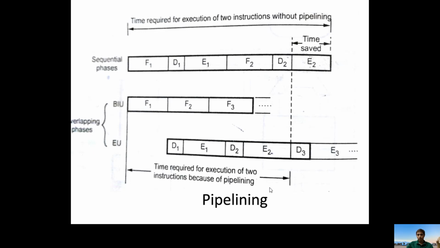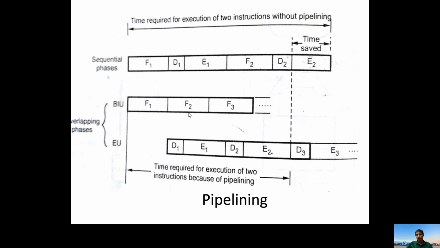Now let us see with pipelining. Now this example is for 8086. In 8086 we have 2 units and both work in parallel. For example, the BIU is fetching the first instruction. In that case, the EU may not perform any operation because no instruction is available to perform ALU or data transfer, so it is waiting. After fetching the first instruction, what happens? Then the execution unit will decode that particular instruction.